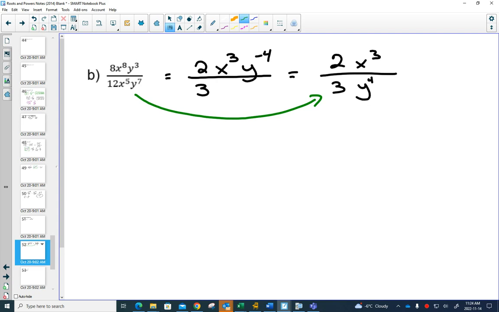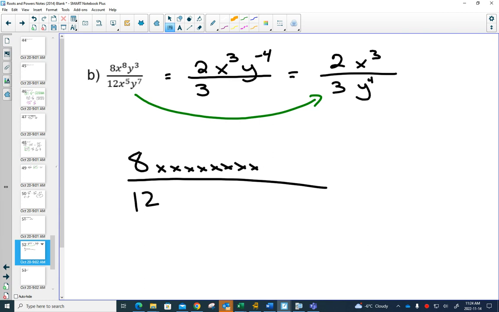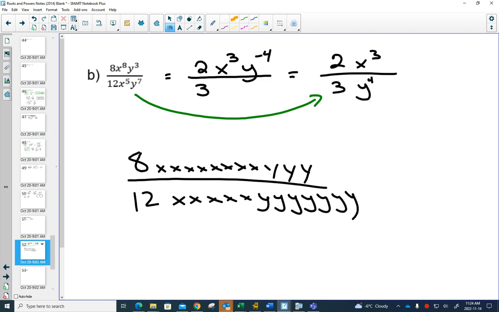Is it helpful? How about if I do this? Here, watch what's happening in this one. We had the 8, we had the 12. You see that when they cancel out, you're left with 3.